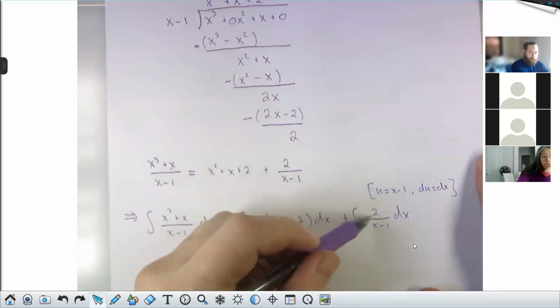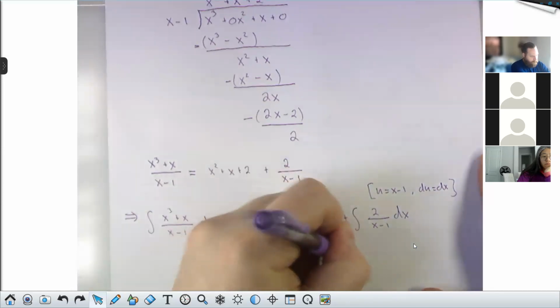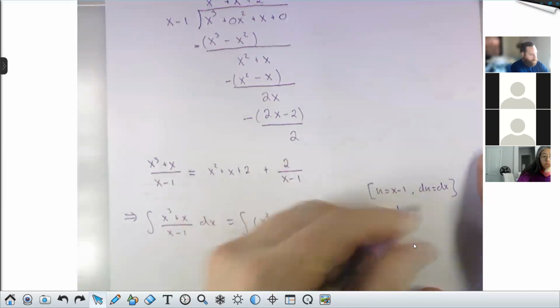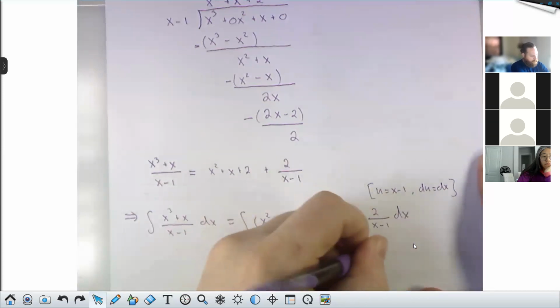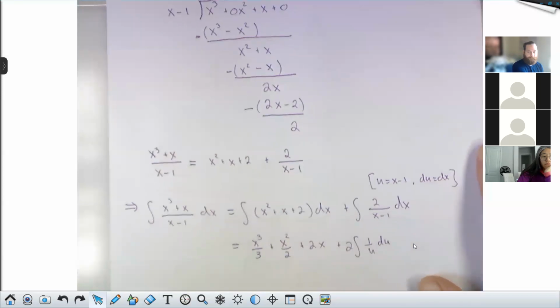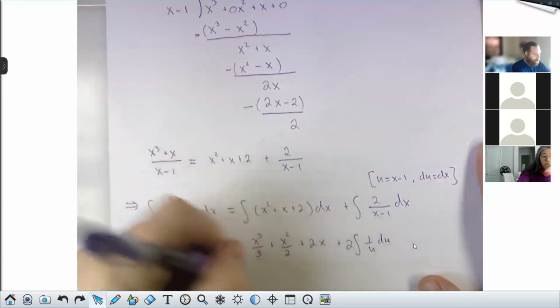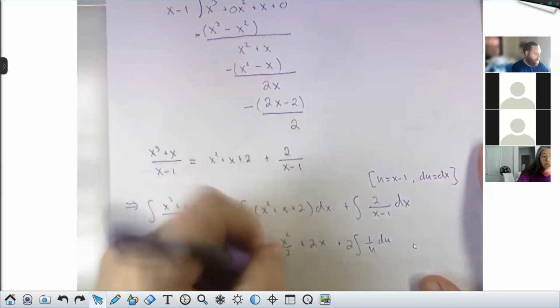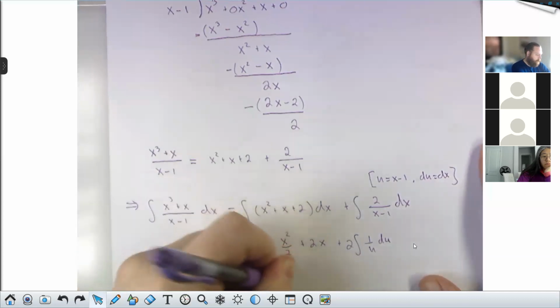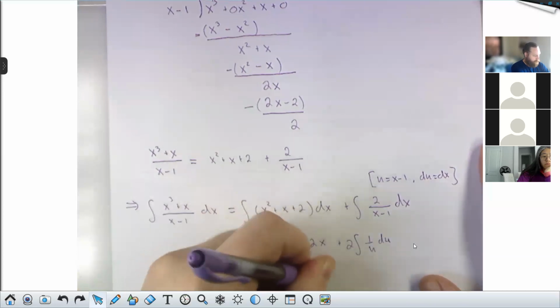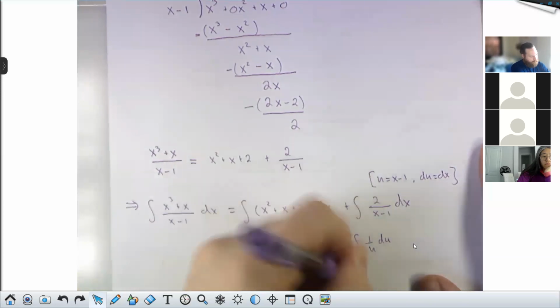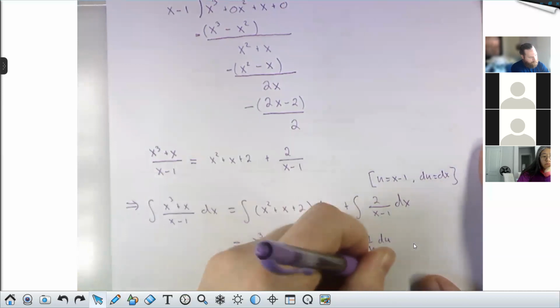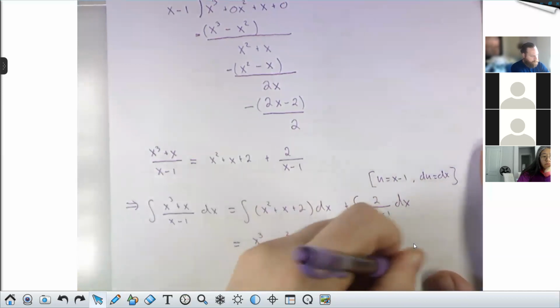I can pop this 2 out front, and I'll have integral 1 over u du, which is going to be a natural log. That's x cubed over 3 plus x squared over 2 plus 2x plus 2 times the natural log absolute value of u plus c.